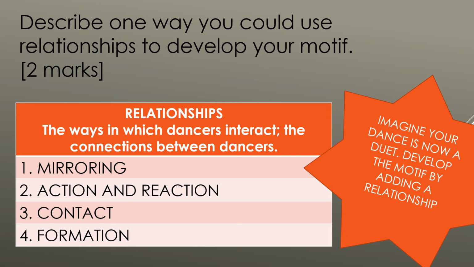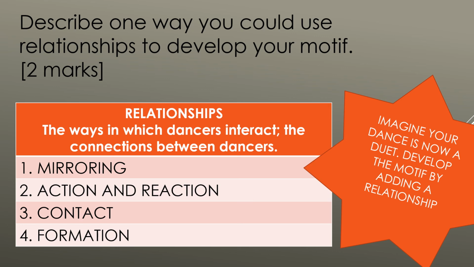So are they dancing in a square, a circle, a semicircle formation? Now, some people get confused and think that's an element of space. It's not an element of space because it must have more than one dancer. So to form a formation, there must be more than one dancer. Therefore, it has to be a relationship. So a formation is the shape in which the dancers stand in.